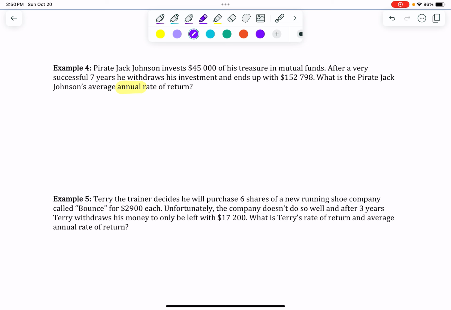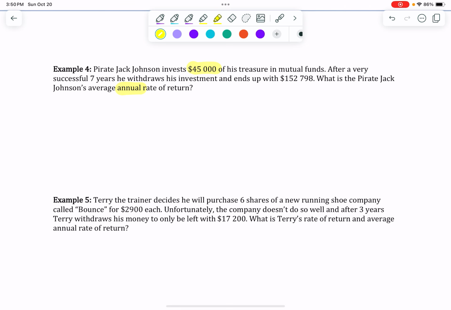However, the work is kind of minimal because it tells me how much he invested and how much he ended up with. AKA, it tells me the previous amount of my portfolio and my current value of the portfolio. So I actually don't have to do any TVM or simple interest calculations, partially because they don't give me enough information for that anyways. But that's what I've got.